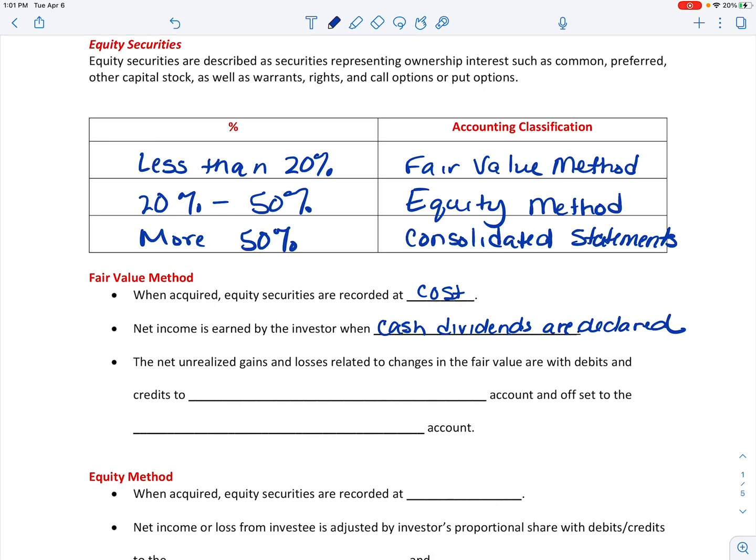And the net unrealized gains and losses related to the changes in the fair value are with debits and credits to the unrealized holding gain or loss.